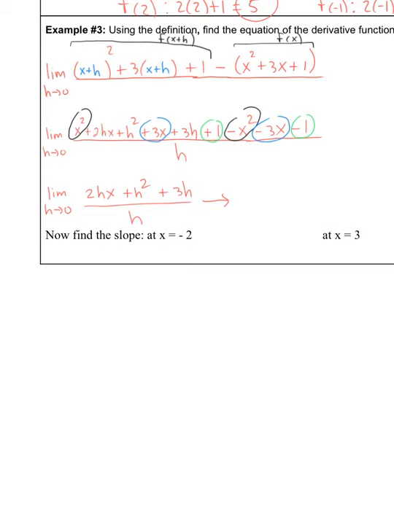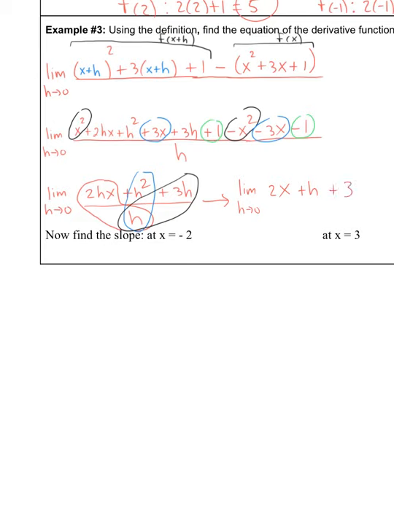Okay, now I still can't do direct substitution, but I can divide all 3 terms in my numerator by h. So I still have the limit as h approaches 0. If I take the first term and divide it by h, the h's cancel and I have 2x. If I take the second term, h squared divided by h, that leaves me with plus h. And finally, if I take the last term, 3h, and divide it by h, the h's cancel, and I'm left with plus 3.